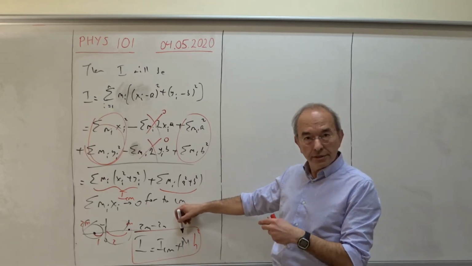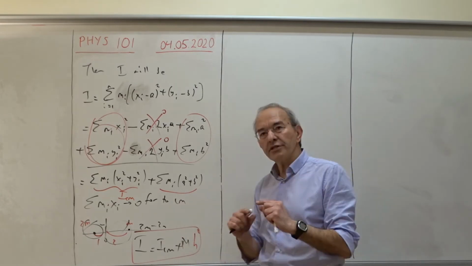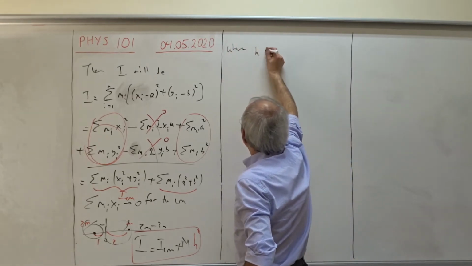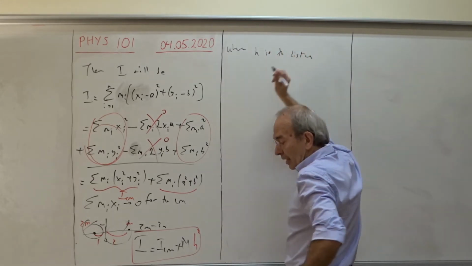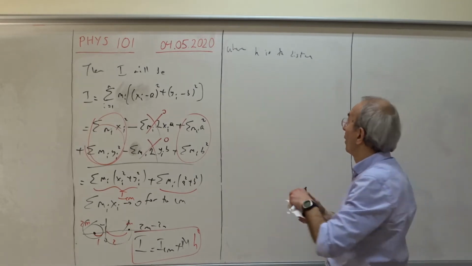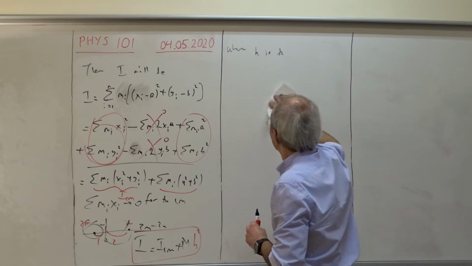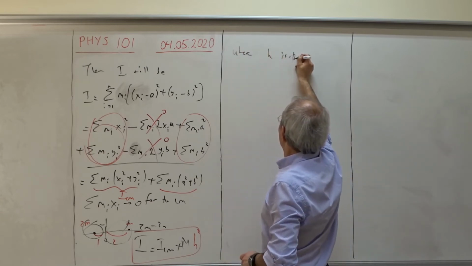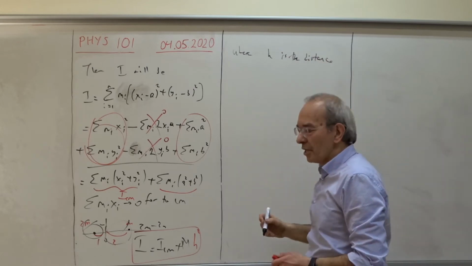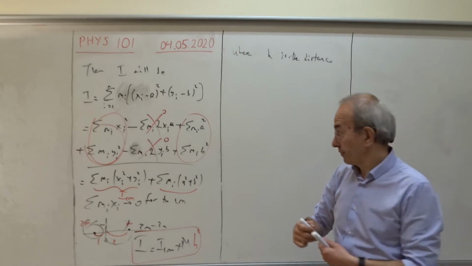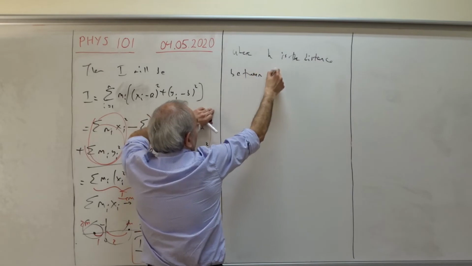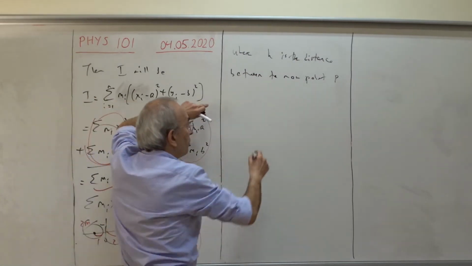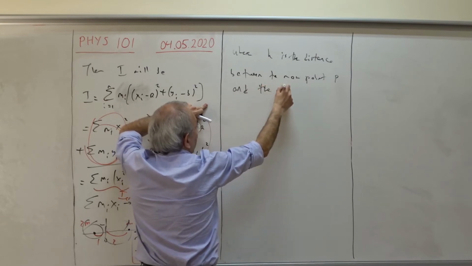It is the total mass of the object, the disk for its total mass, times the square of this distance between the center of mass and the new point, where h is the distance between the center of mass and the new point, let's say P, in the example I have written.